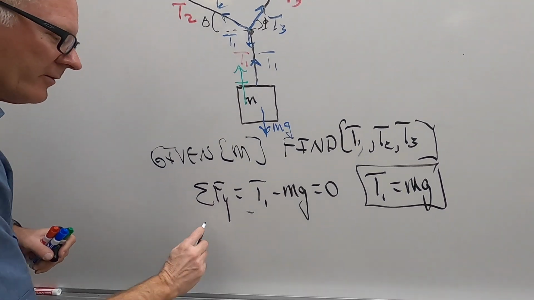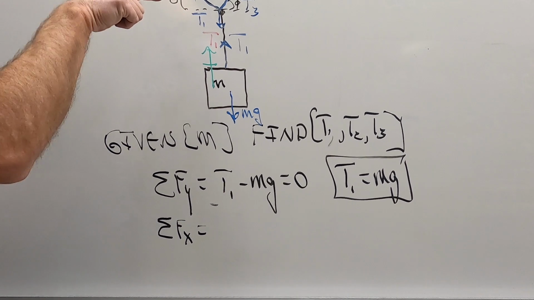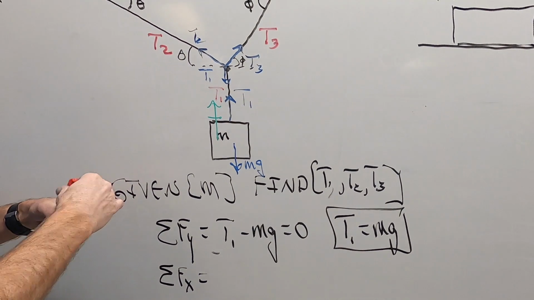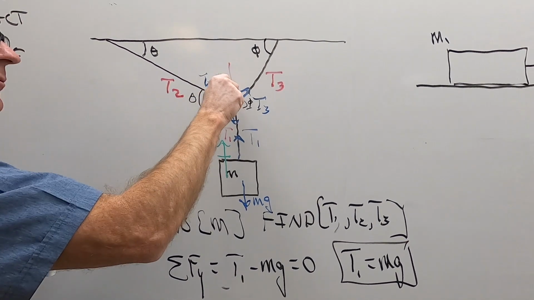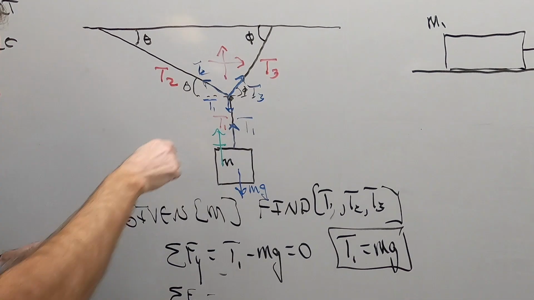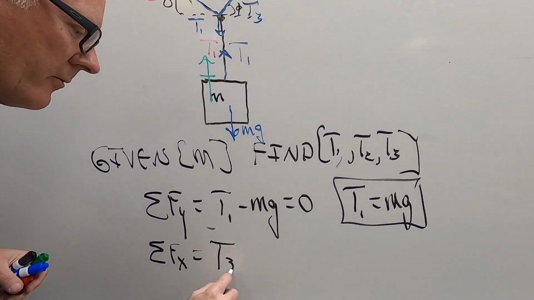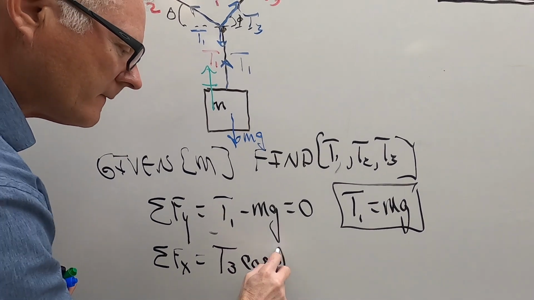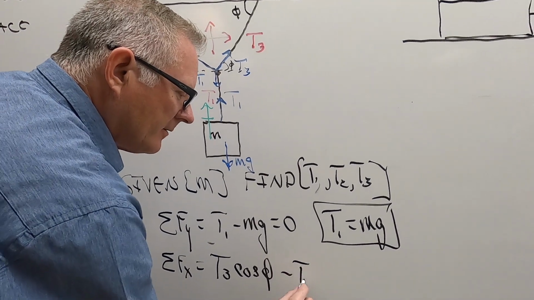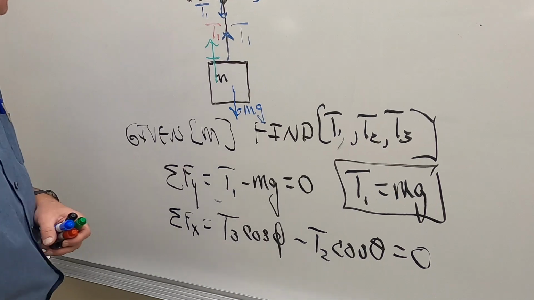So if we write out the sum of the forces in the x direction, I'm going to put my coordinate system for this one up here. We get T3 cosine phi minus T2 cosine theta, and that equals 0.